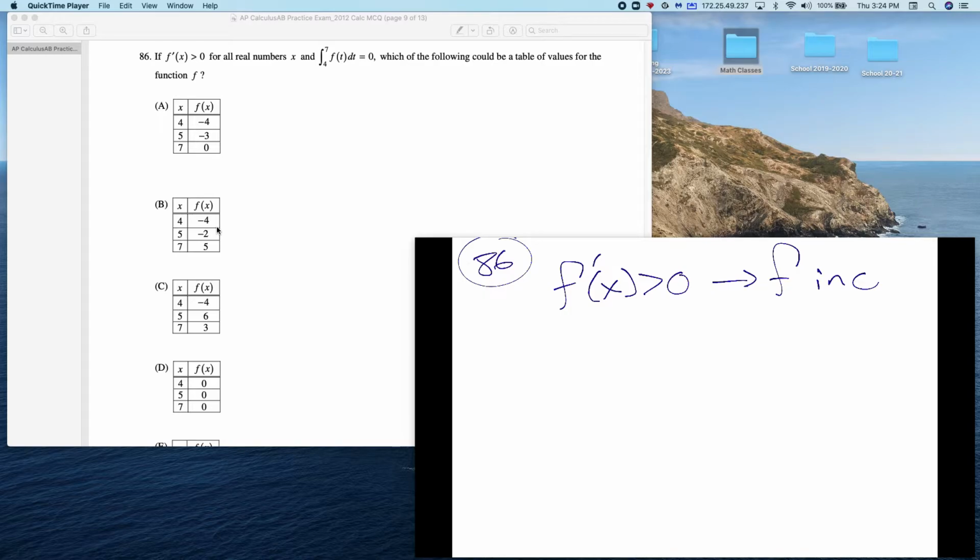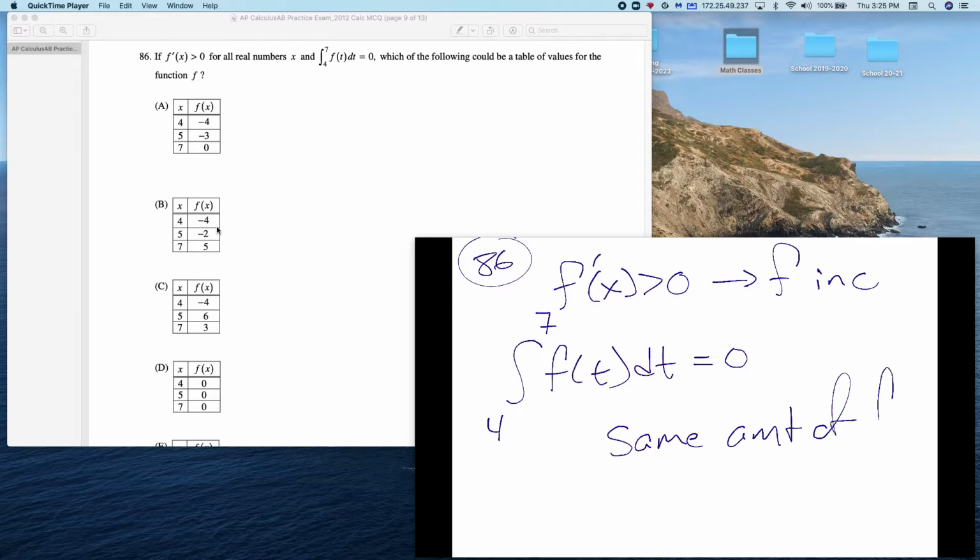And the integral from 4 to 7 of f of t dt needs to equal 0, which means we have to have the same amount of f above and below the x-axis. Because that's the only way we're going to get an integral to equal 0 if f is increasing.